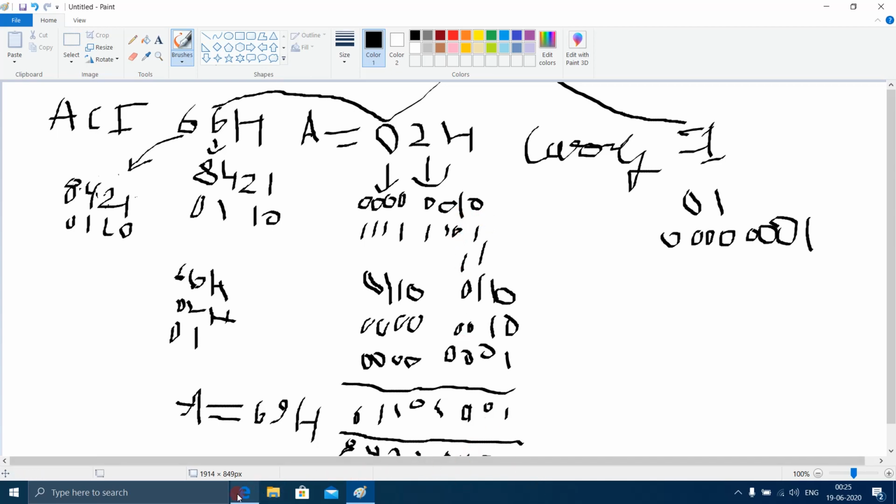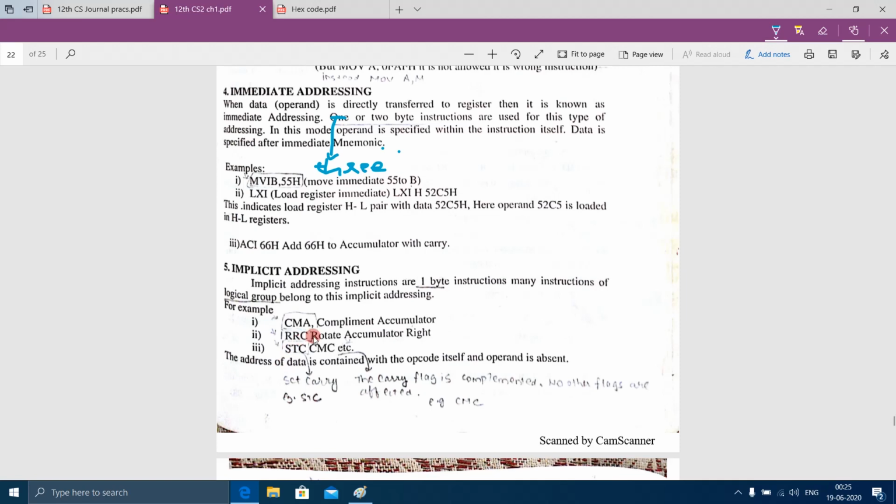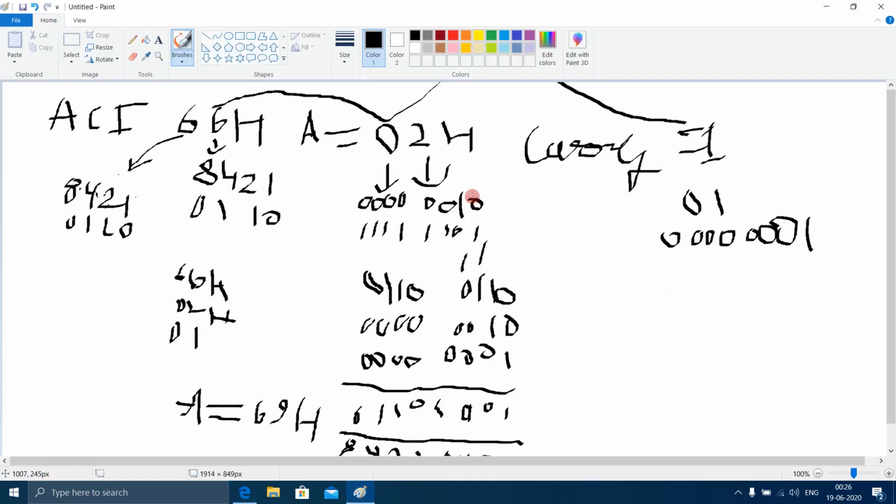So the purpose of CMA is complement accumulator. RRC, rotate accumulator right. The contents of the accumulator will be rotated towards the right. For example, in accumulator, same thing, 02 is stored. The binary of 02 is 0 0 0 0 0 0 1 0.